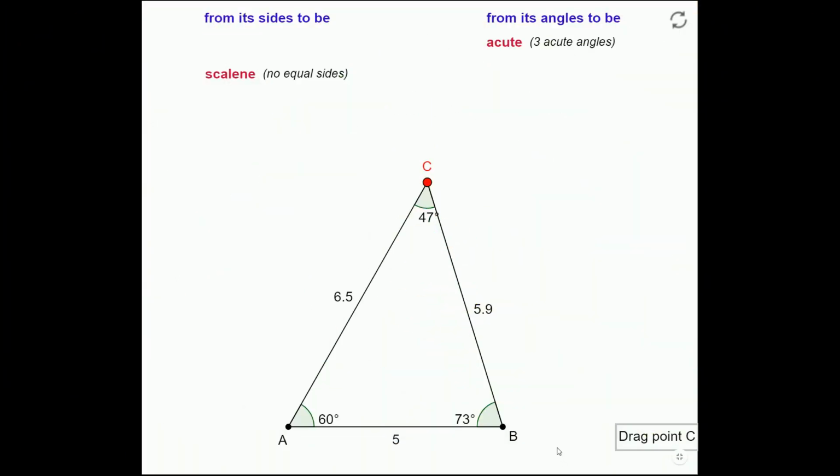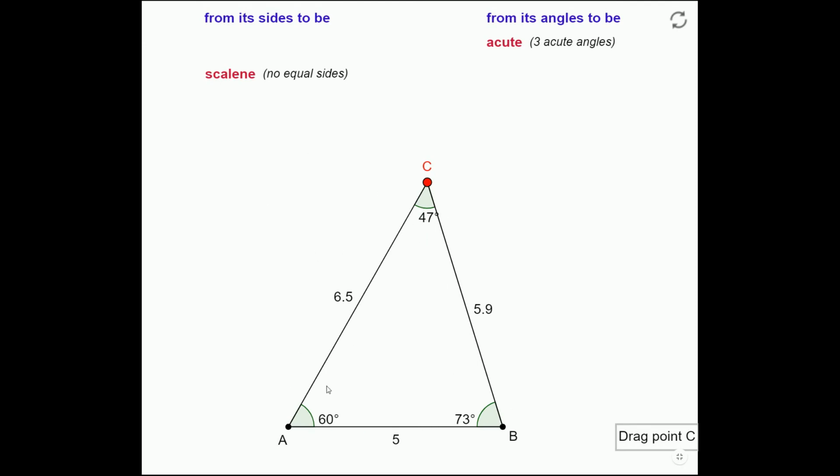Now let's see some examples about these different types of triangles before we continue with the other types. In this triangle ABC, we notice that CA, CB, and AB have different lengths, 6.5, 5.95. So it's a scalene triangle.